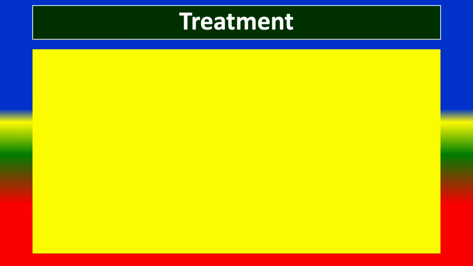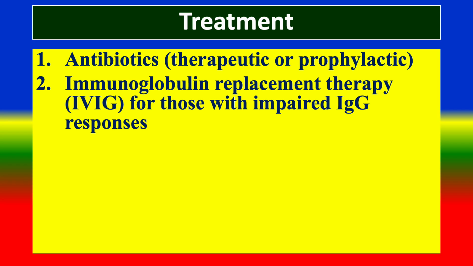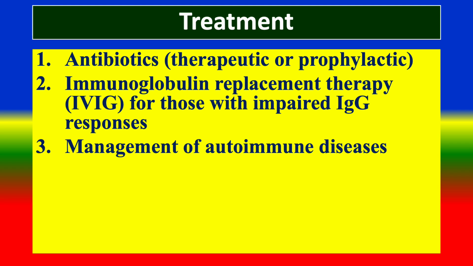Treatment options: 1. Antibiotics, therapeutic or prophylactic. 2. Immunoglobulin replacement therapy, IVIG, for those with impaired IgG responses. 3.